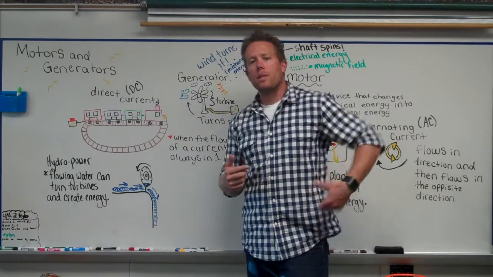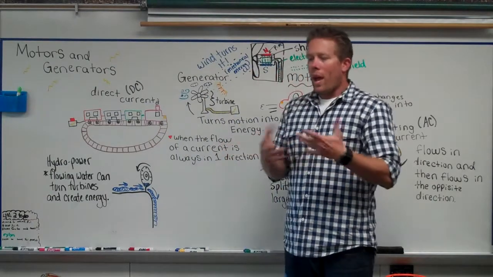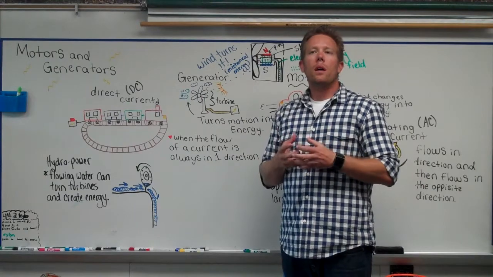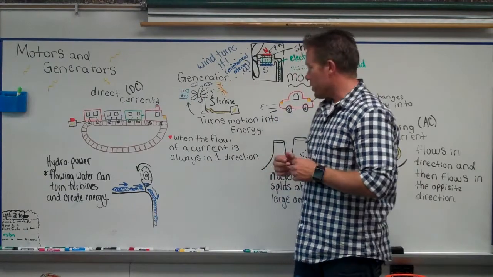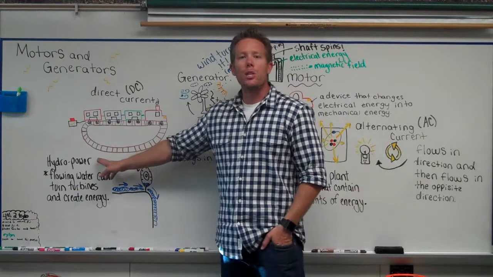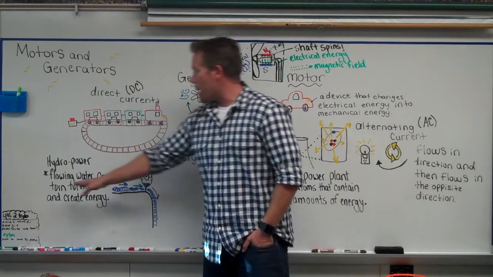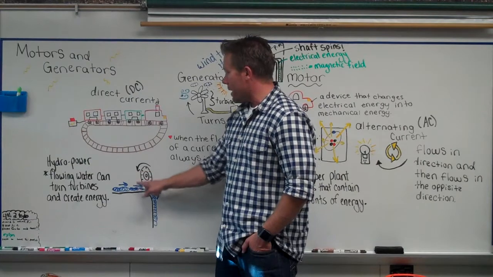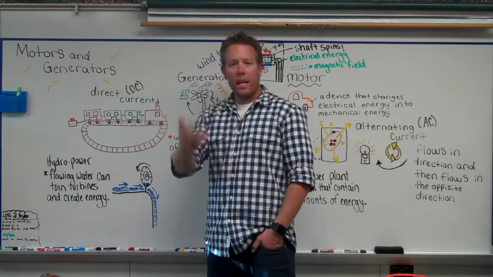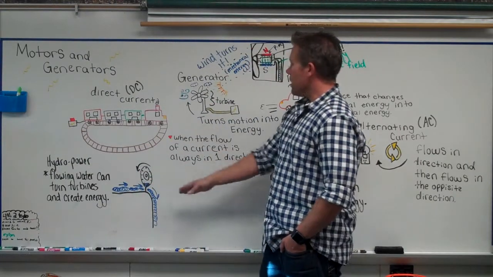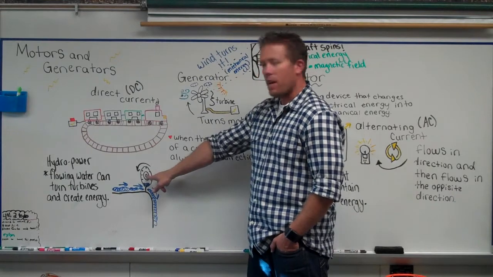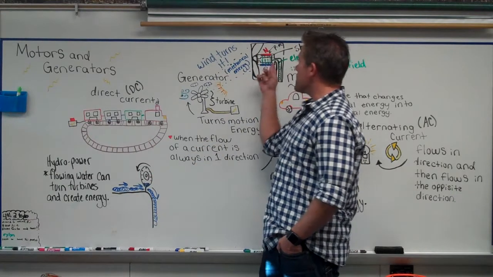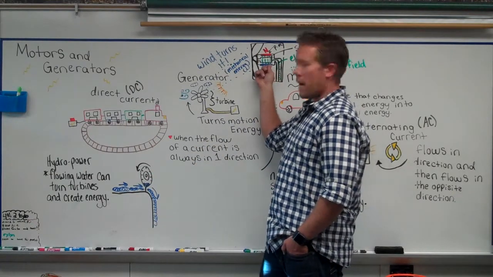Here are some of the different ways that we create electrical energy. Okay? There is hydropower. What basically happens is flowing water can turn this little turbine here, which can create the energy. Something inside of here is probably the same thing that we got going inside here.